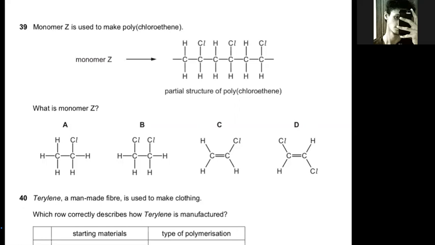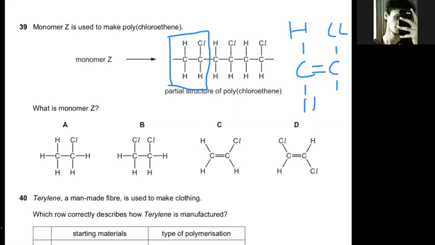For the monomer, we'll take out 2 carbon atoms from here and change this single bond to a double bond. So therefore, the monomer should be like this. So option C is the correct option as it replicates this.